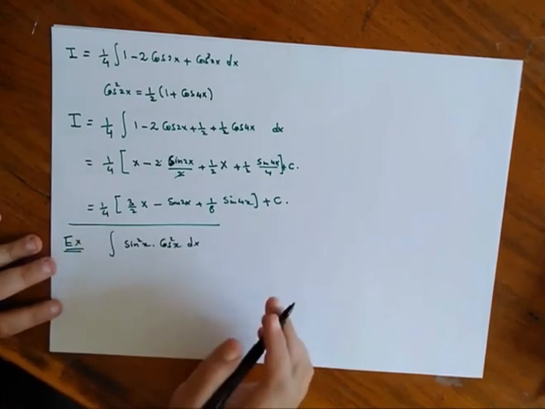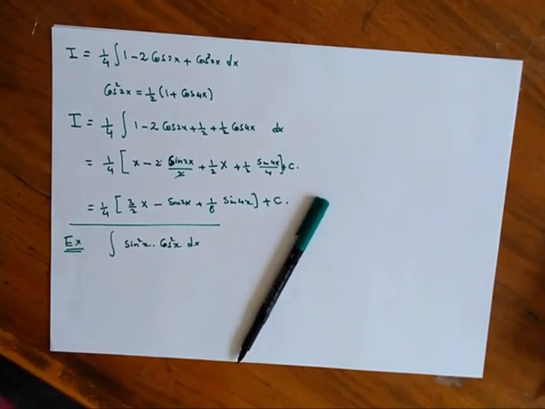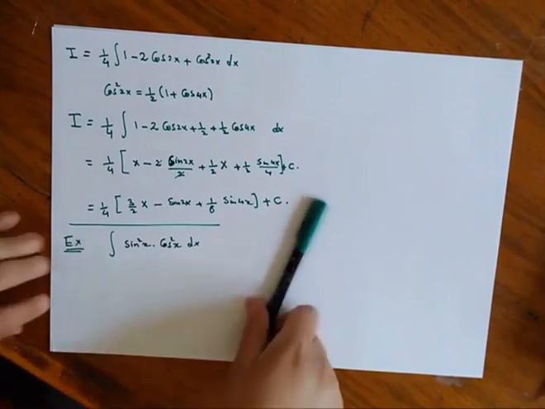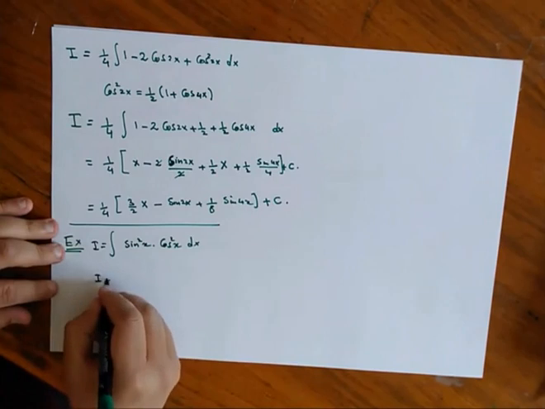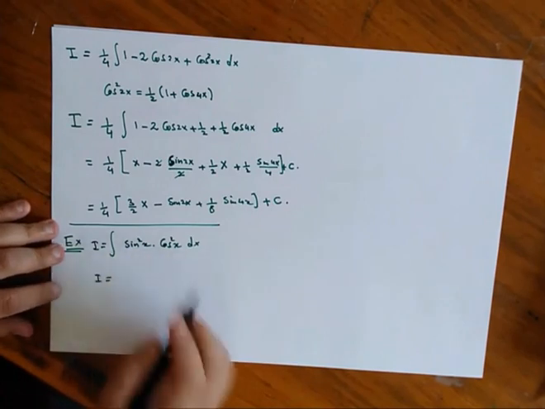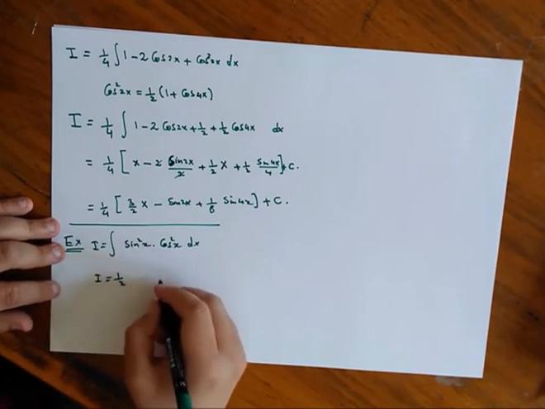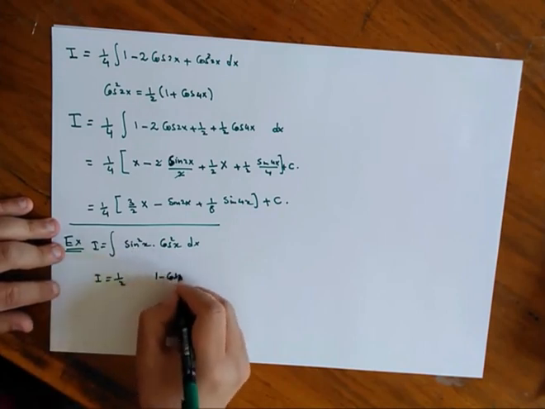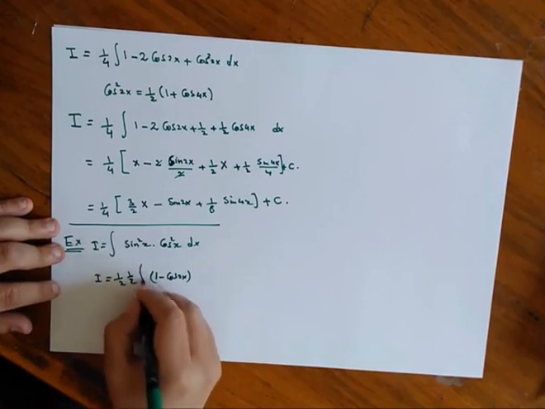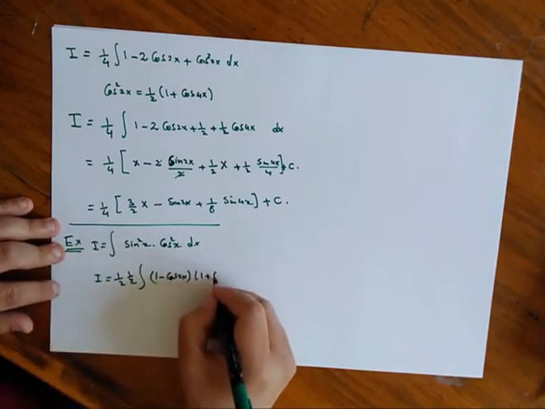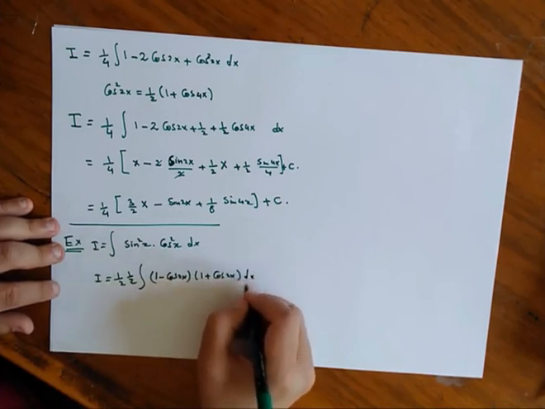Okay, so now I will solve it in two ways actually. Let's call this I. The first one is to substitute by the double angle formula for each one. So we'll have half, and instead of sine squared x, you will have 1 minus cosine 2x, and then another half, and then you will have 1 plus cosine 2x, and you want to integrate it with respect to x.